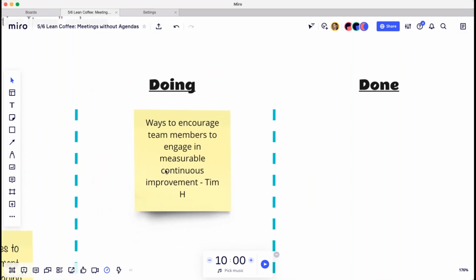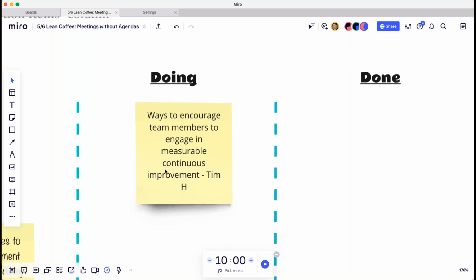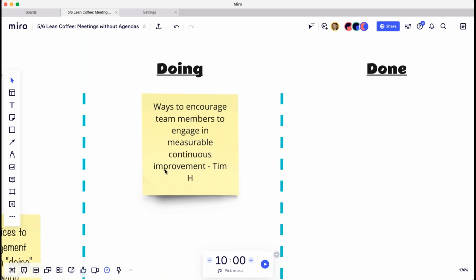This measurable part, I struggle with this too, and when I saw the word measurable here, I was all excited. It looks like everybody's kind of struggling with how do you measure sometimes, right? Yeah. I think the key thing is, I know for me, I get hung up sometimes when you talk about measurable because it feels like it has to be the one size fits all, it's going to work in every situation.